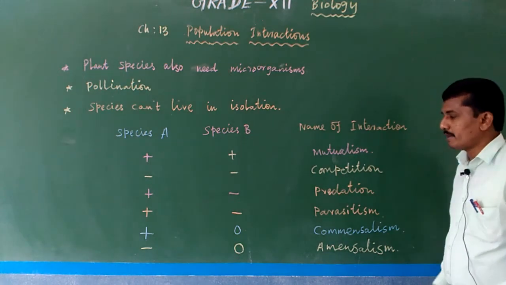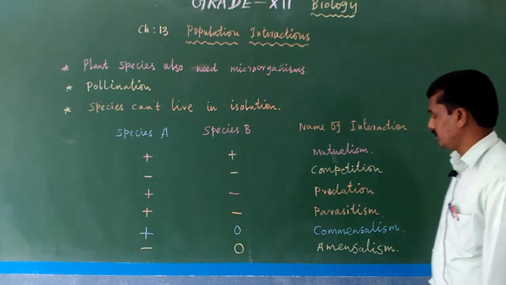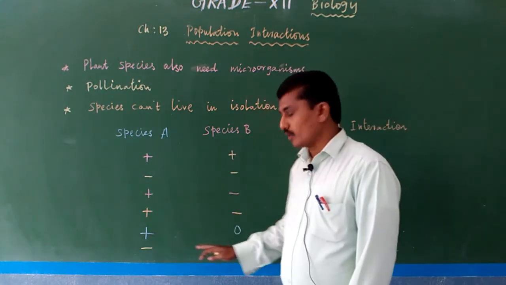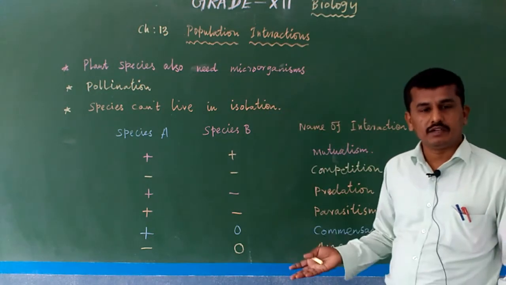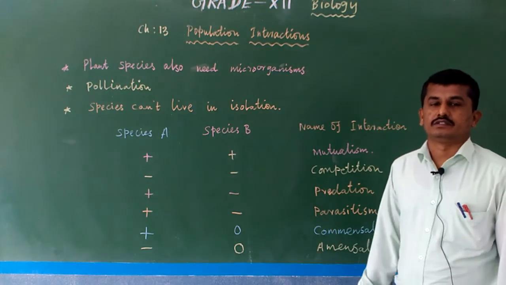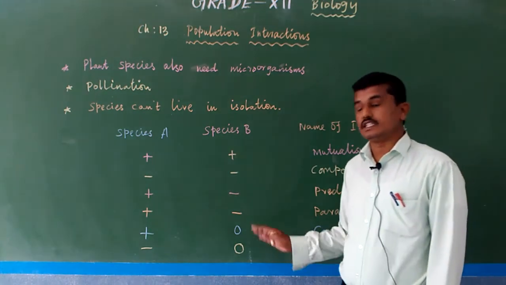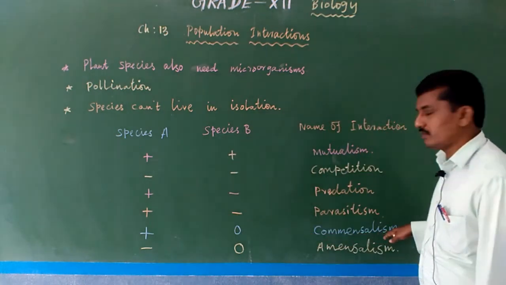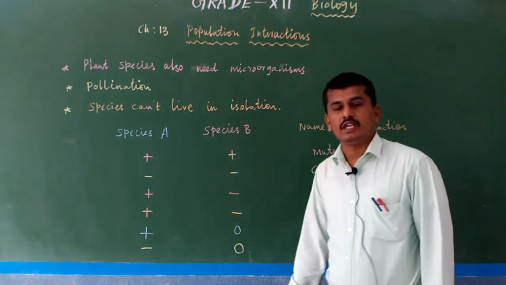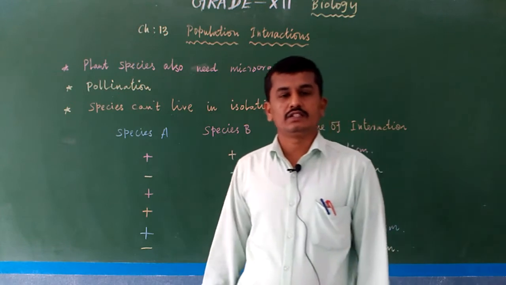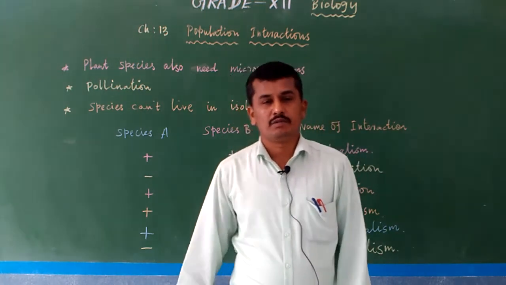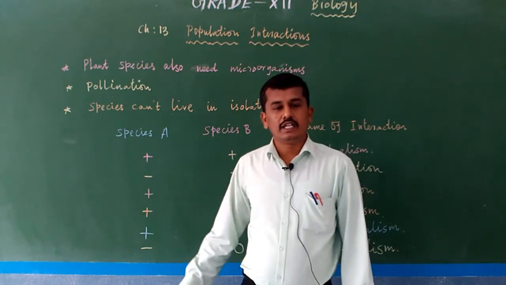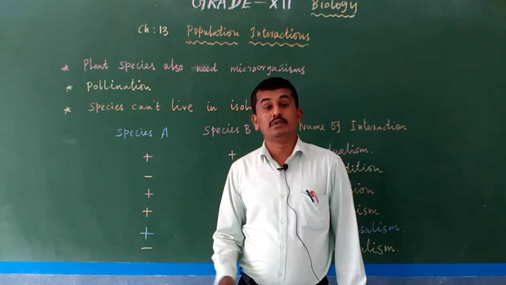Next one is commensalism. Commensalism means one organism gets benefited, and the other organism neither gets benefited nor harmed. So it is a neutral interaction. I give an example. You see that in a village, cows or buffalo move in the grassland, and nearby some birds are present.